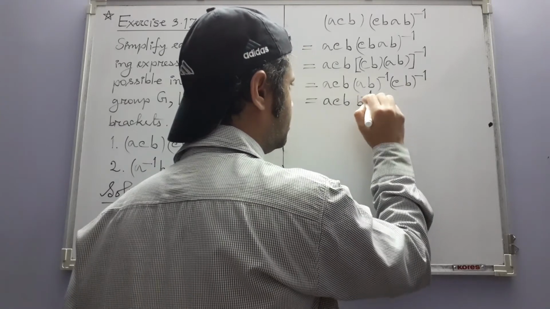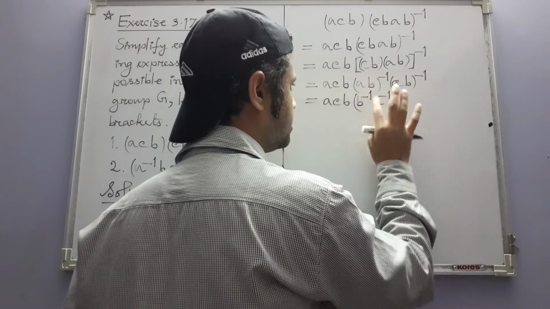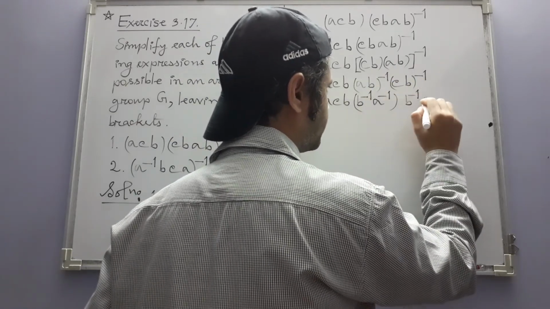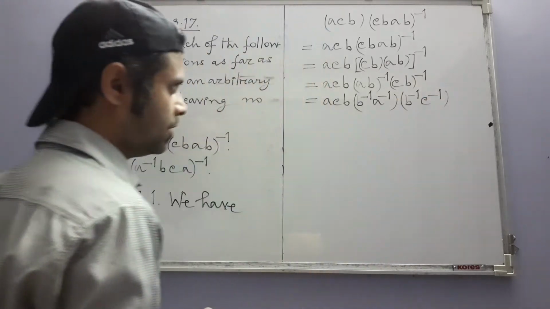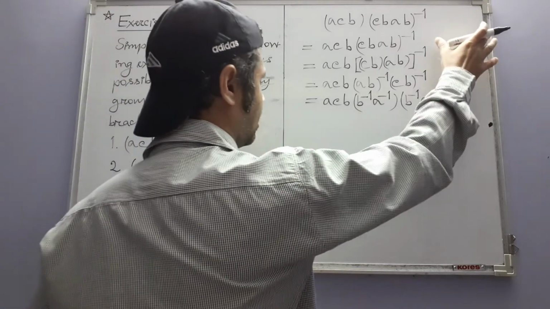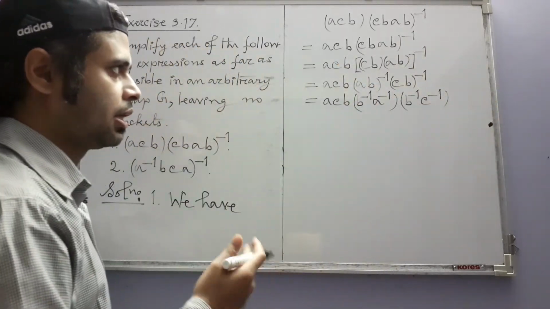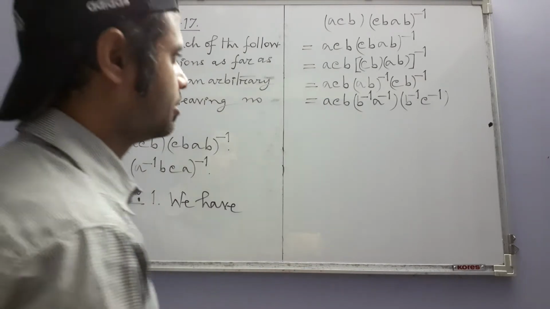So you get B inverse, A inverse. This inverse is B inverse, C inverse. If you want, you can mention alongside these steps exactly what theorem you are using, but since the use is obvious, I have decided not to write them.